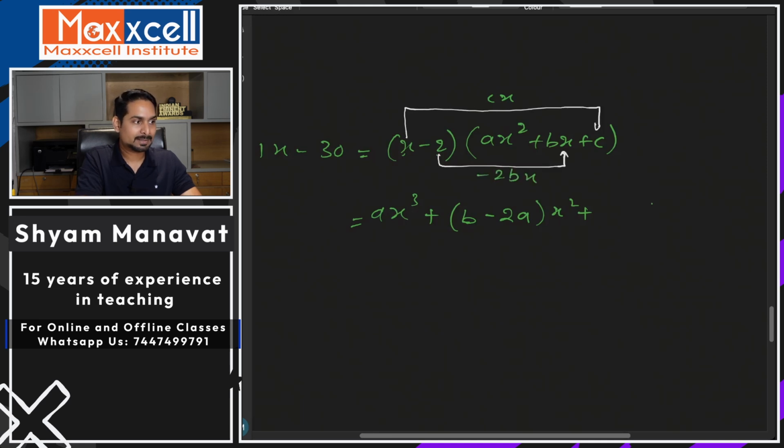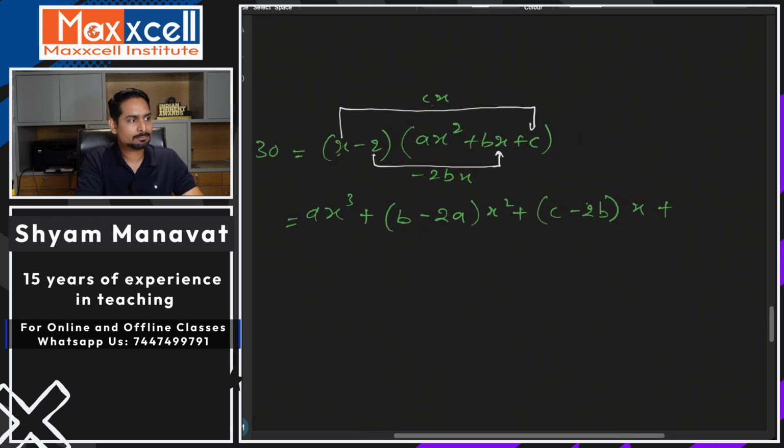So the x term is, taking x common, c minus 2b. And the constant term will only be constant into constant, so minus 2 into c.